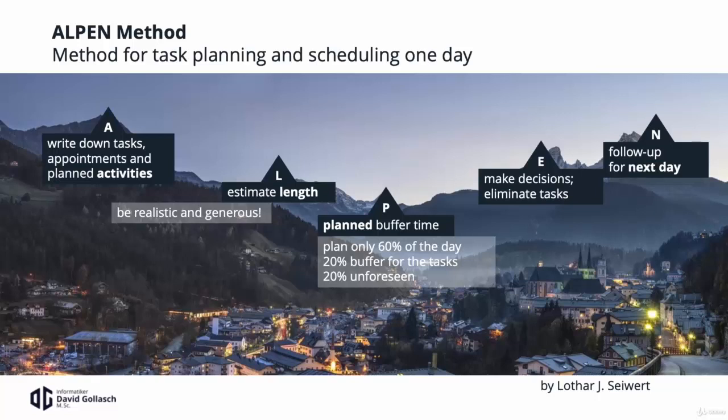Select the activities for the day, estimate the duration generously, make sure to plan only 60% of the available time of the day to ensure to have enough time for the unforeseen stuff and actual tasks that take longer than expected, eliminate tasks where you are sure that you are not going to do them, and make sure to as well follow up the day and postpone tasks that you didn't manage to fulfill for the next day.